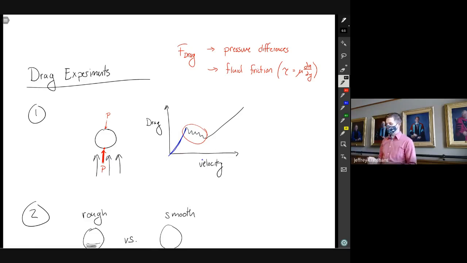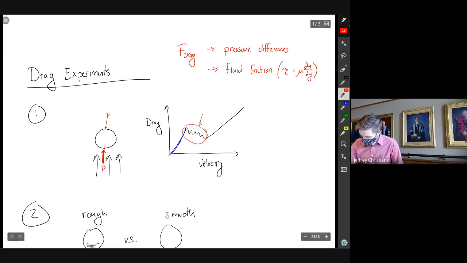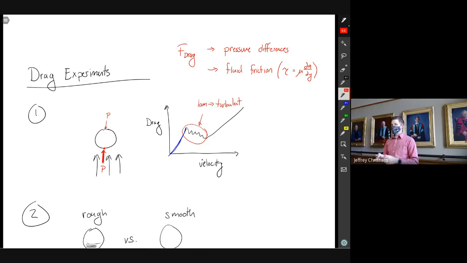What's happening is really, as David described, this pressure difference on one side of the ball and the other. And like Nolan said, right here we go from laminar to turbulent. So that's our laminar to turbulent transition.